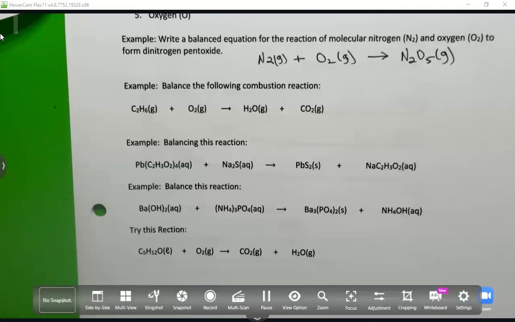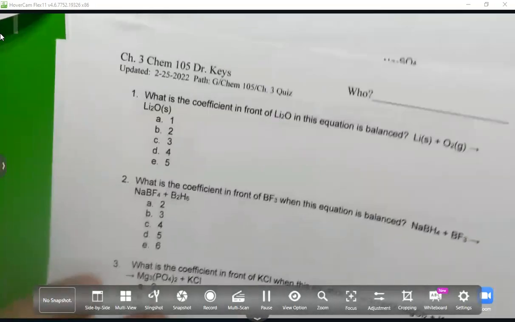Okay, I'm looking at what you can do for quiz questions so far, and it looks like we can't do very many yet. We can do number 12 and 26.